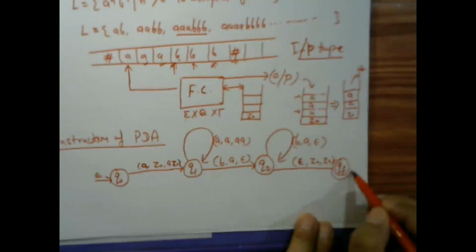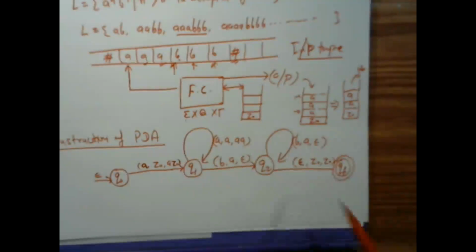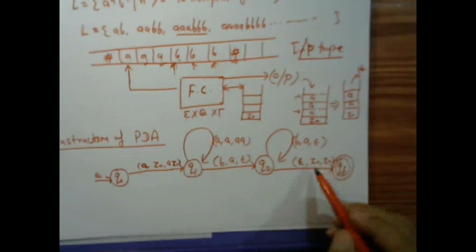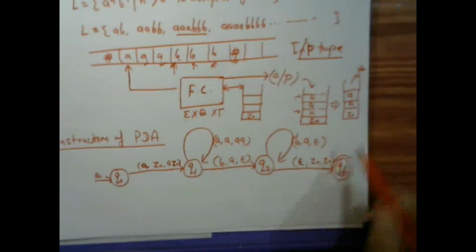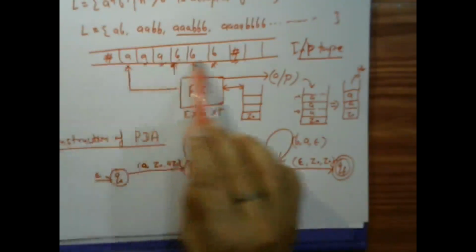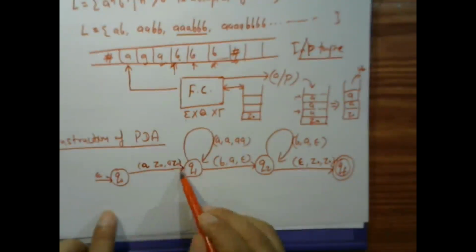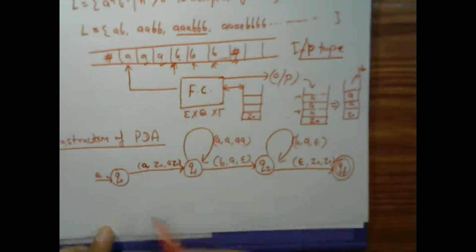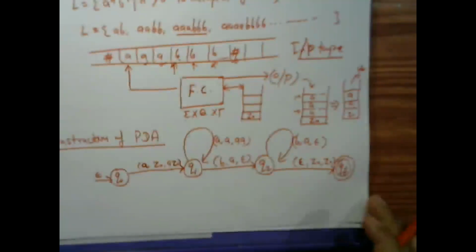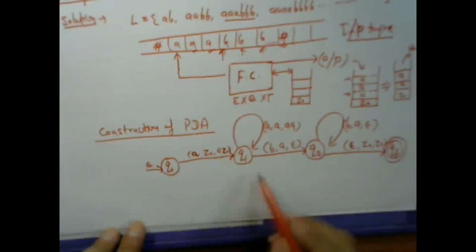That is the final state of the automaton, because Z0 is the top symbol, there is nothing else inside the stack, and we have traced all the input symbols. This is the PDA. You can say this is a block diagram of the PDA.